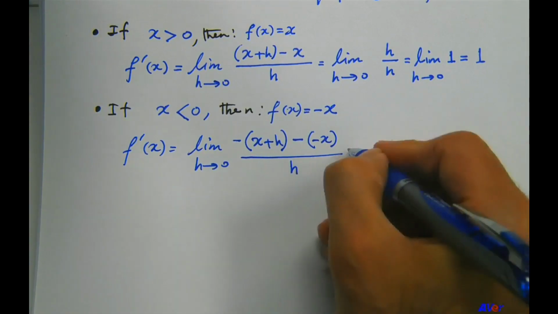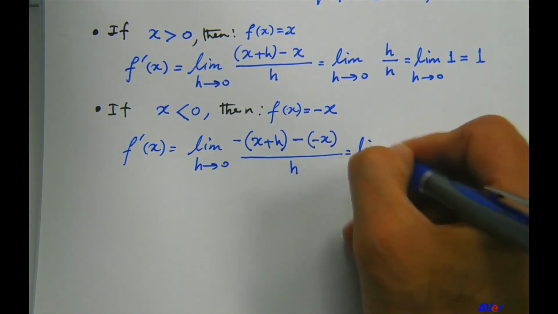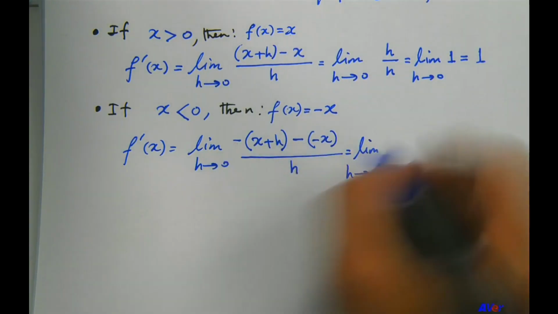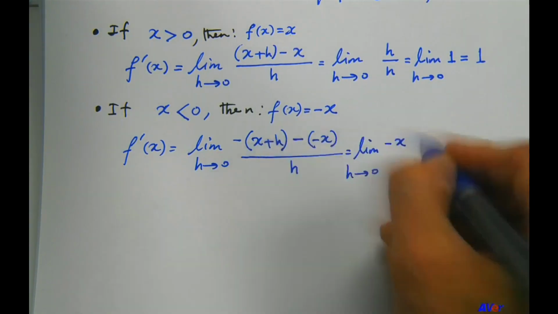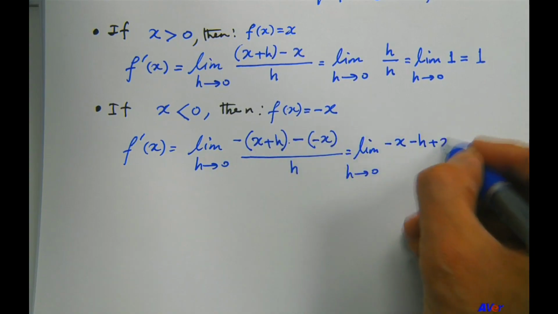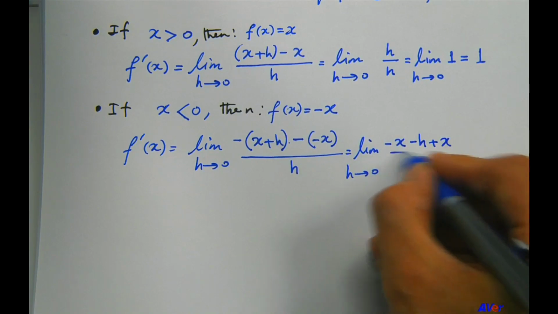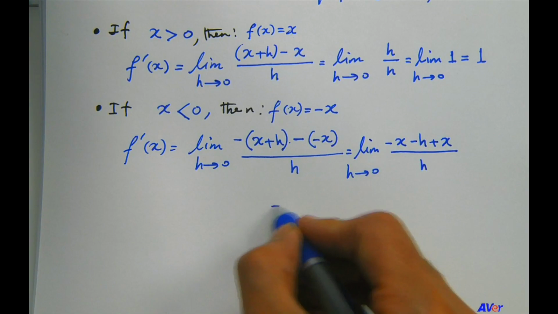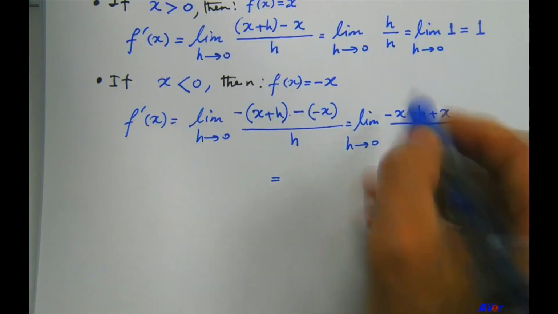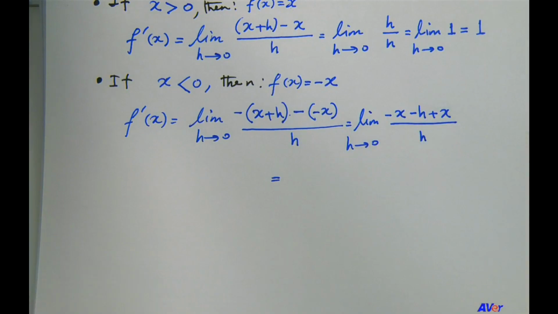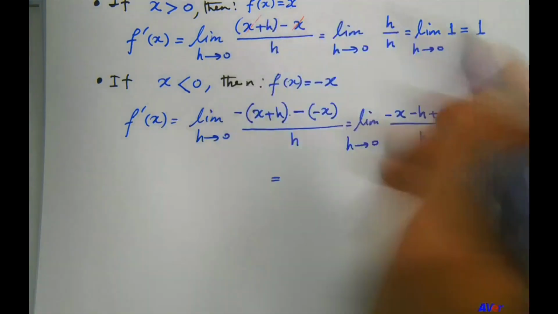Okay, so now we have limit as h goes to 0. Let's distribute this: minus x minus h minus minus x. It will be plus x divided by h. And then let's simplify here. Minus x and plus x cancel each other out like they did here.